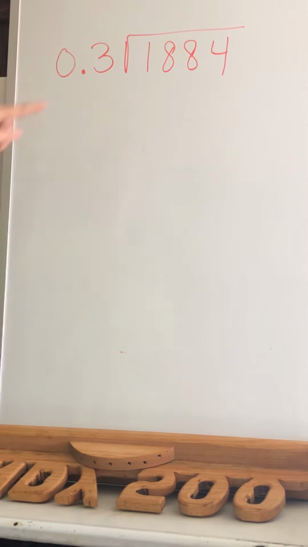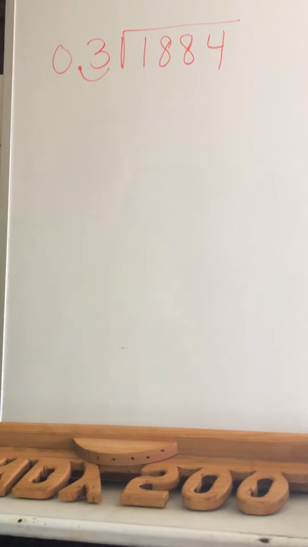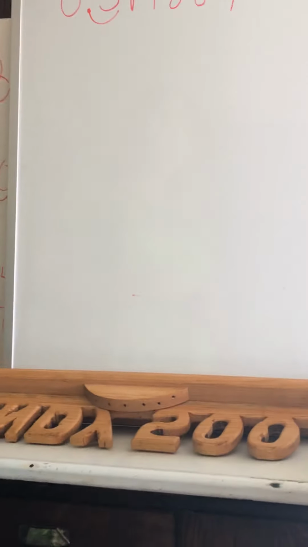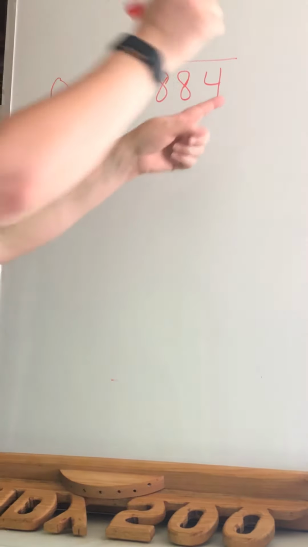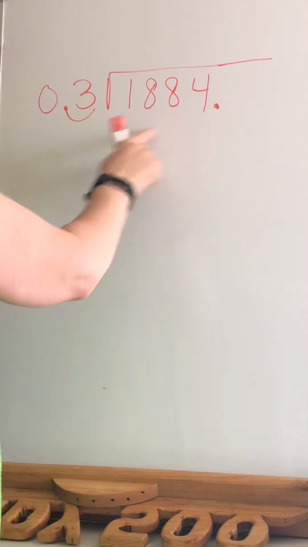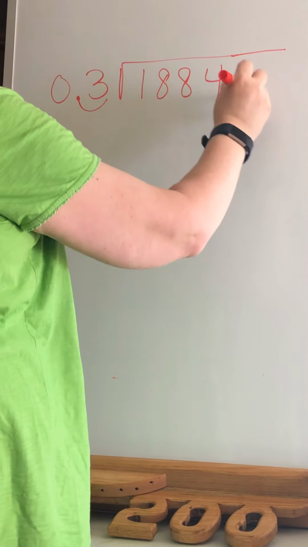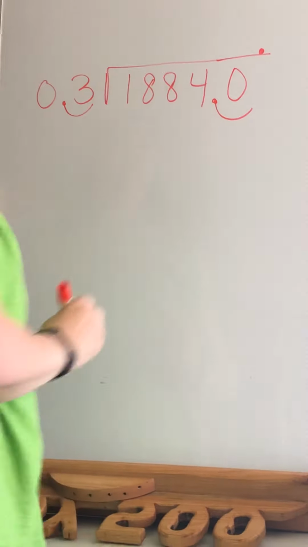Well, first off, let's move this over to the right. It goes 1 time. Where is the decimal for that 1,884? It is on the back side, right there. Now that we know that, we've got to move it to the right once, so we're going to have to add a 0, and then we're going to go ahead and place it at the end.